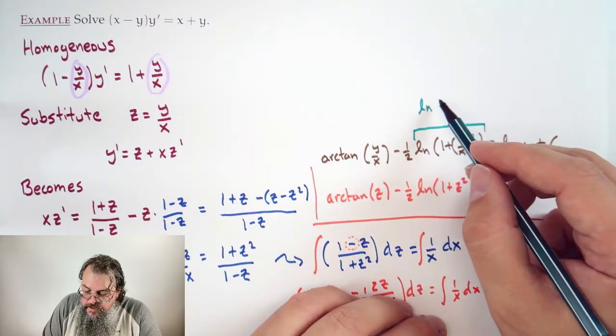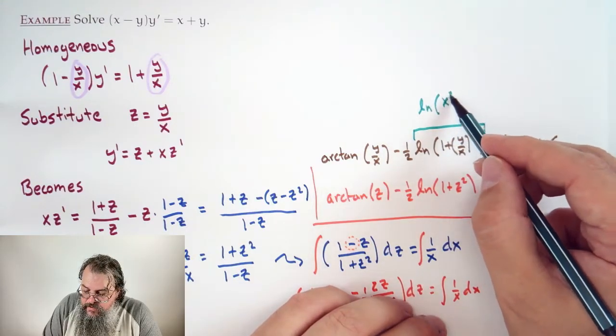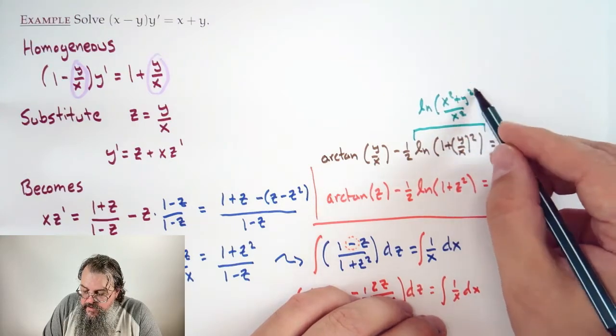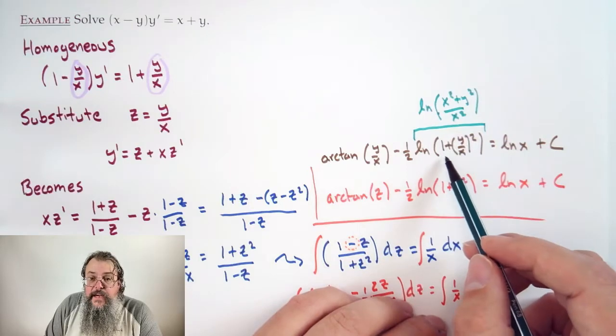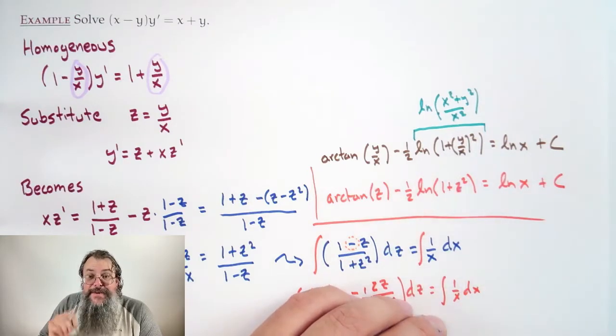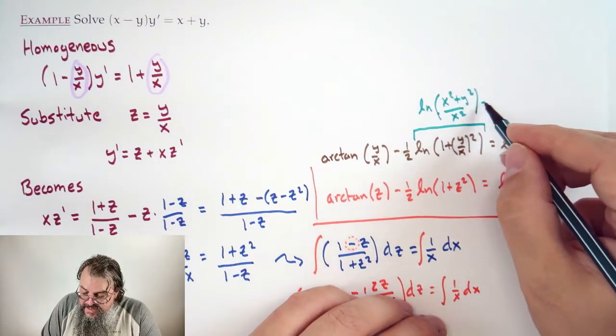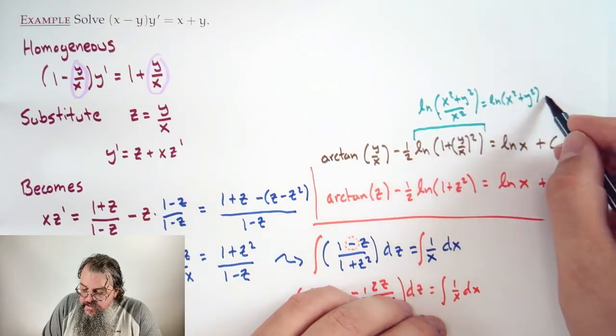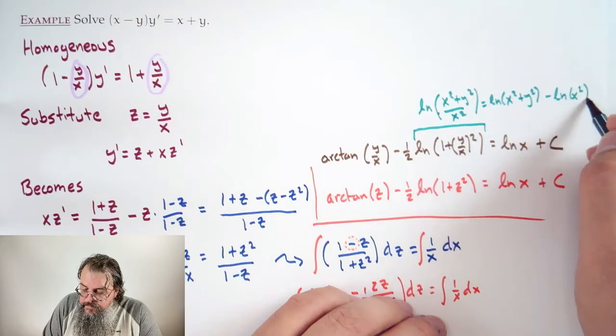So you'd end up with natural log of (x squared plus y squared) over x squared, if you simplify just that part. But by properties of logs, this would be natural log of the top, x squared plus y squared, minus natural log of the bottom.